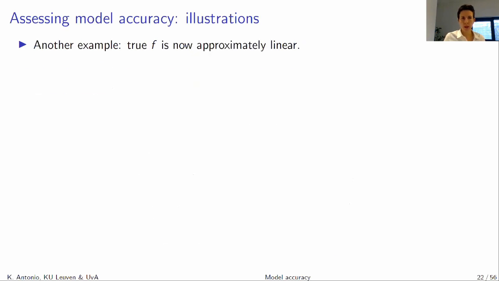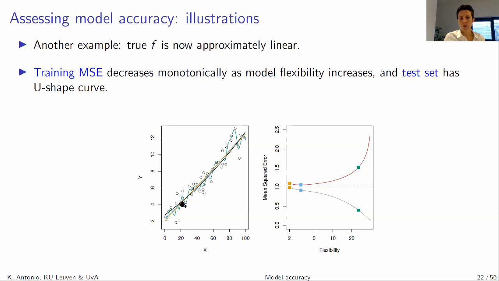What about the next one? So here the true f is again in black. I go for a linear regression in orange. I go for smoothing splines in blue and in green. Which model do you prefer? Any thoughts, any ideas, any suggestions?